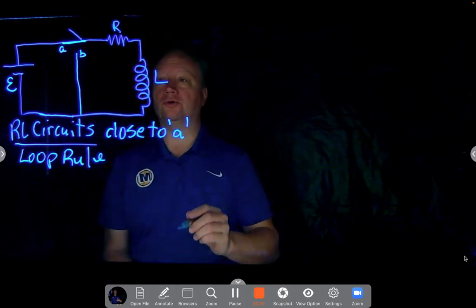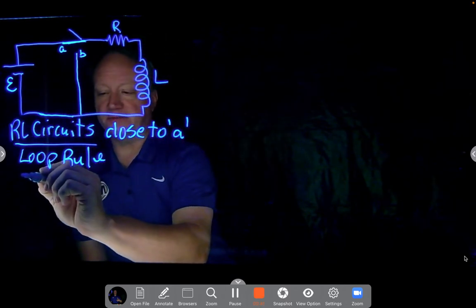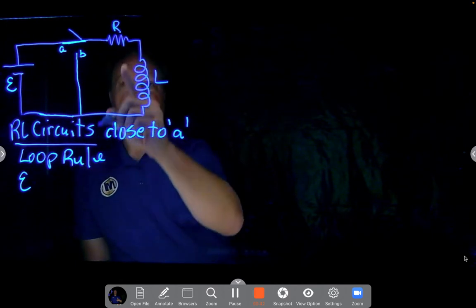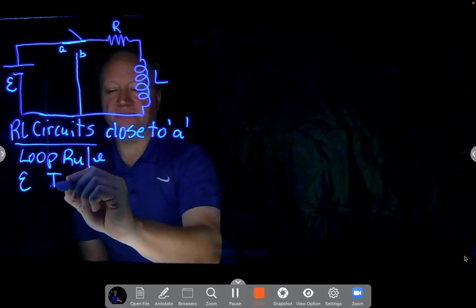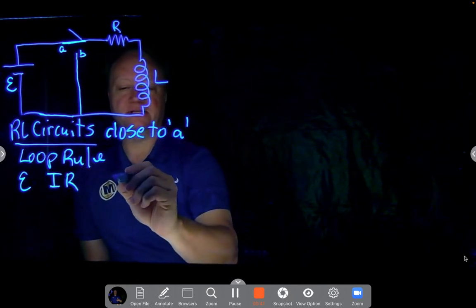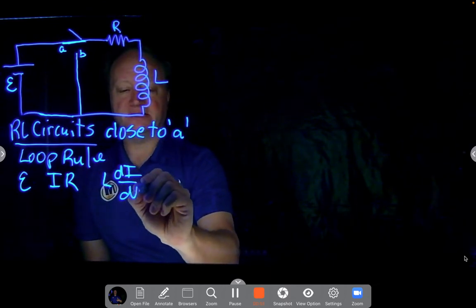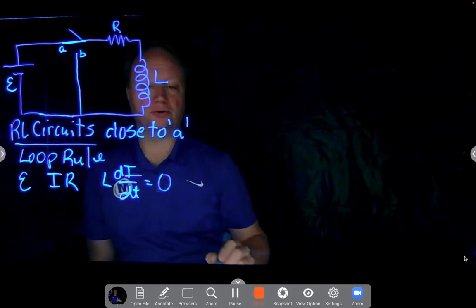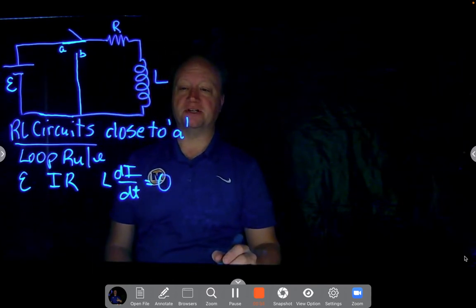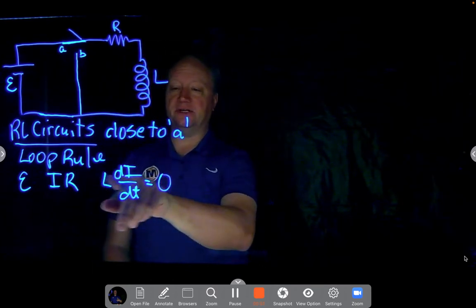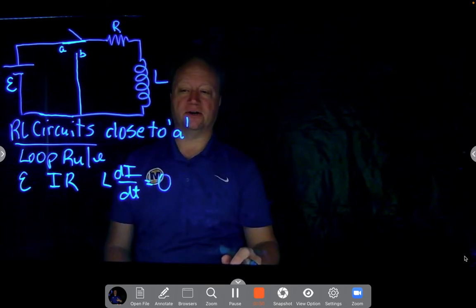In our loop rule, the battery voltage is going to be EMF. The resistor is going to be I times R, and the inductor, L di/dt. We know the total voltage around a closed loop is going to be 0. Now what we need to figure out is what the signs are here.